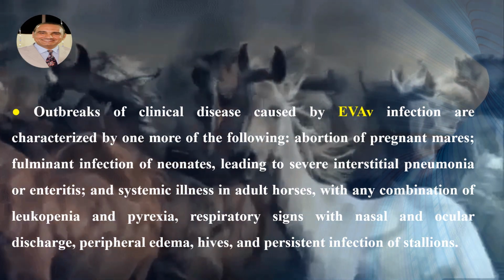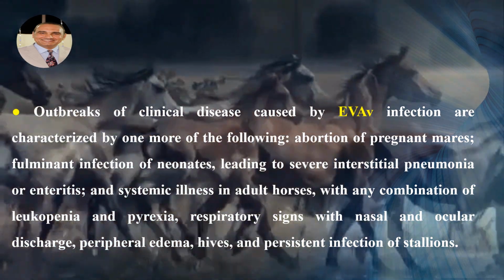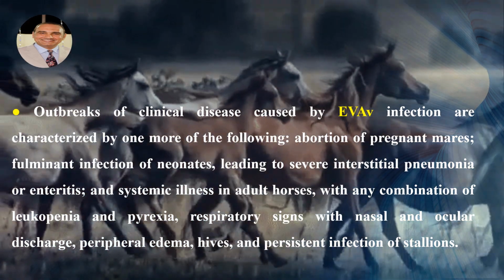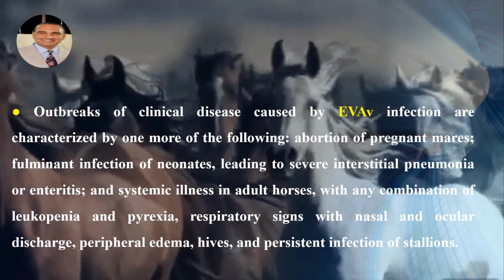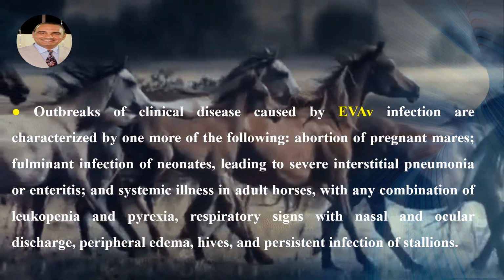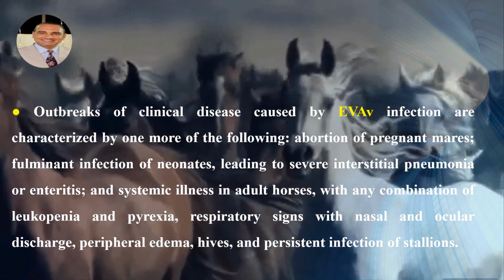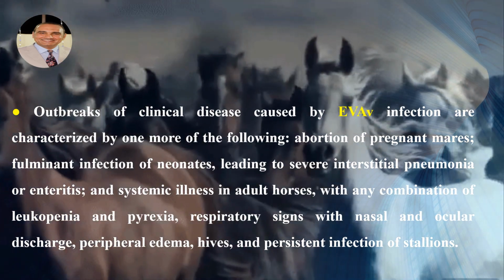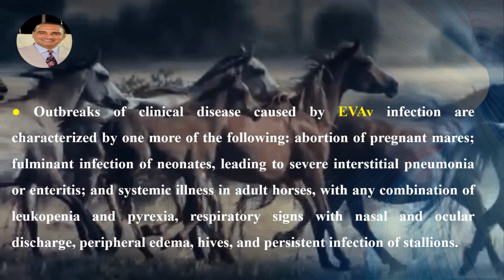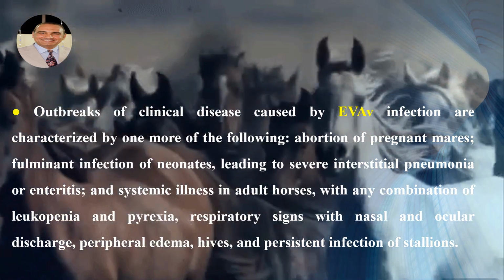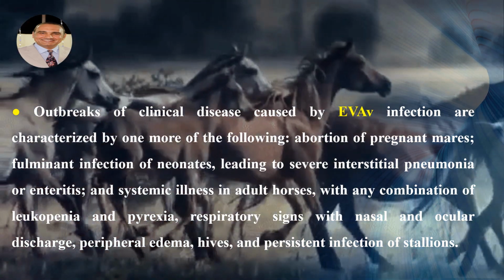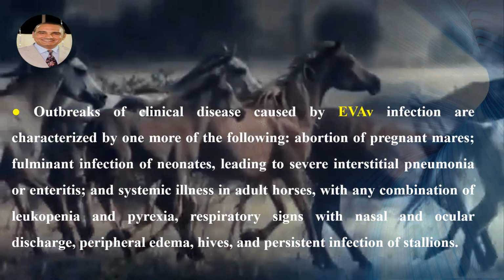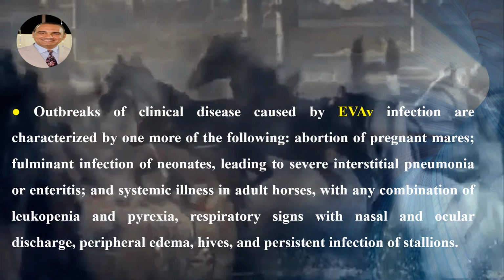Outbreaks of clinical disease caused by equine viral arteritis infection are characterized by one or more of the following: abortion of pregnant mares, fulminant infection of neonates leading to severe interstitial pneumonia or enteritis, and systemic illness in adult horses with any combination of leukopenia and pyrexia, respiratory signs with nasal and ocular discharges, peripheral edema, hives, and persistent infection of stallions.